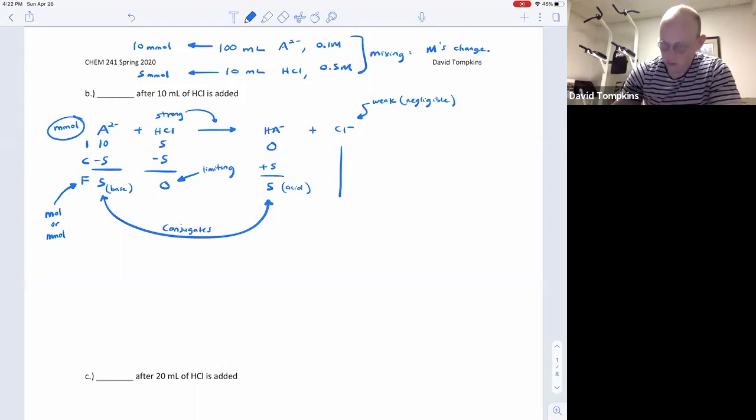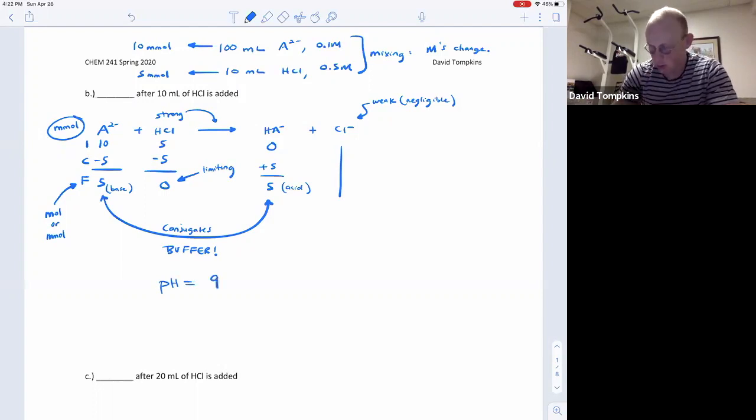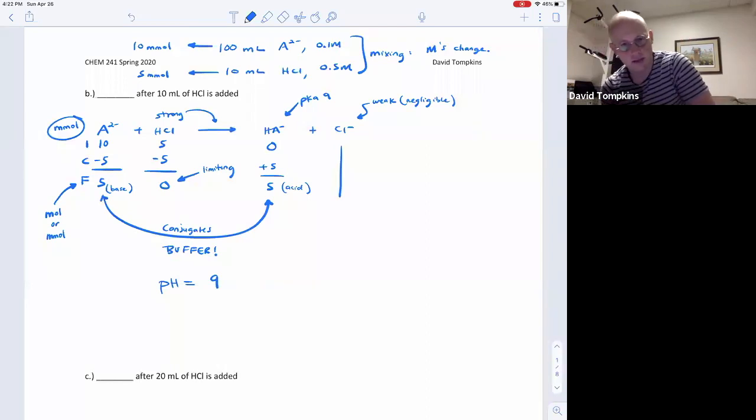Whenever that is true, it produces a buffer. If the strong titrant runs out and the two weak conjugates are still present, then you can simply find the pH with the Henderson-Hasselbalch equation. And I still want to use my first pKa, the one that corresponded to HA minus. Okay, doesn't matter if you're doing a weak base with a strong acid or the reverse, you use the same Henderson-Hasselbalch equation for any buffer.